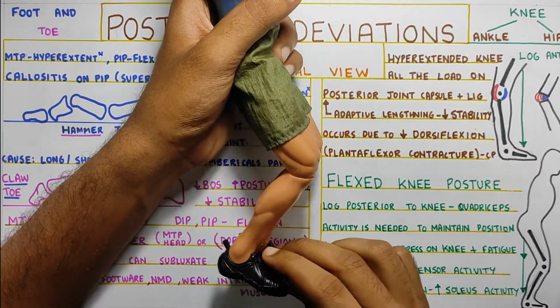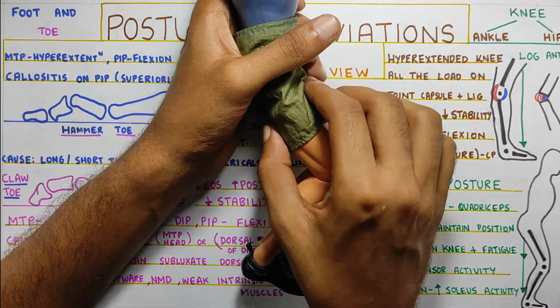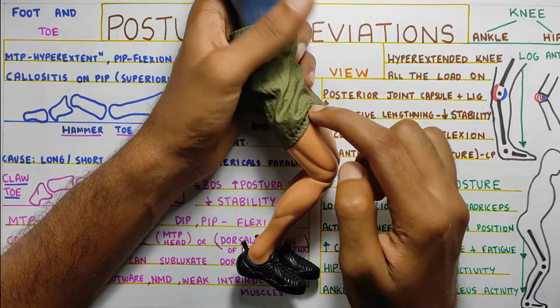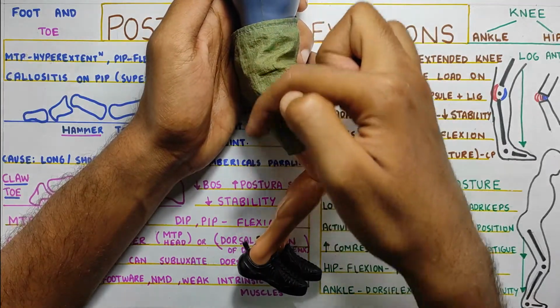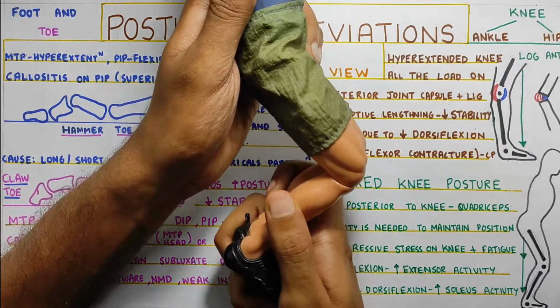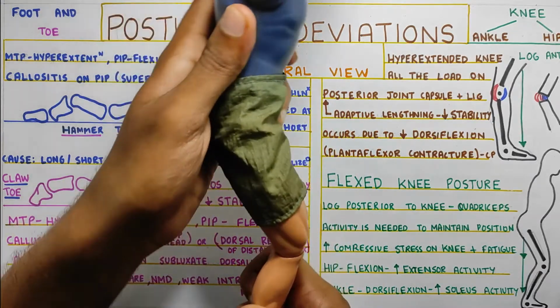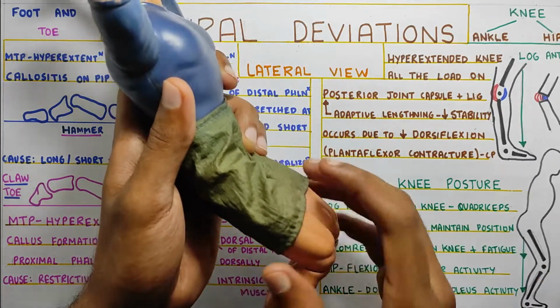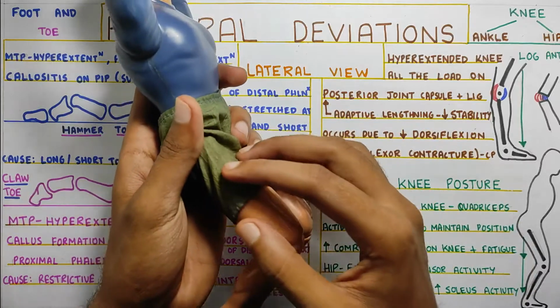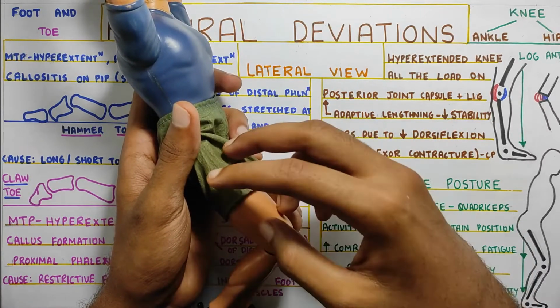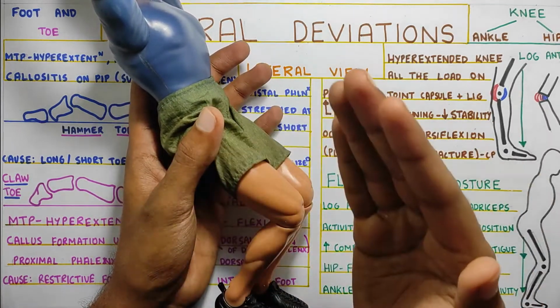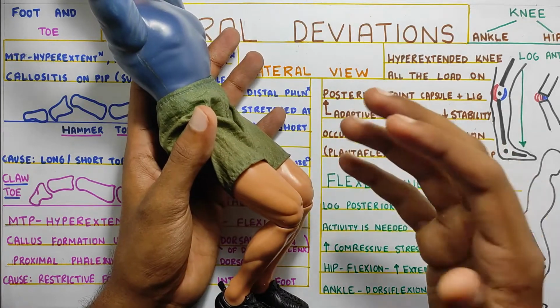And now what this will do is increase the stresses on your quadriceps muscle, because gravity will be pulling you into this more flexed position, from here to here. But your quadriceps, which are your knee extensors, have to fire up and prevent that excessive flexion movement that is occurring, correct?